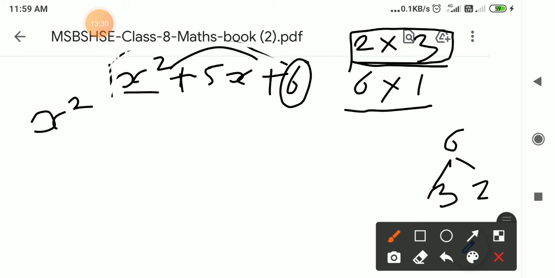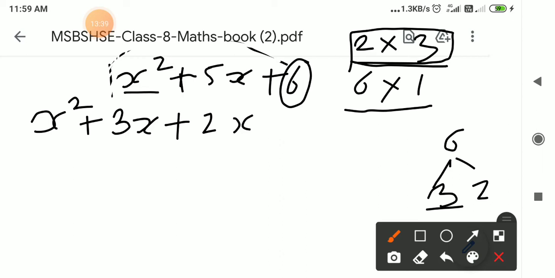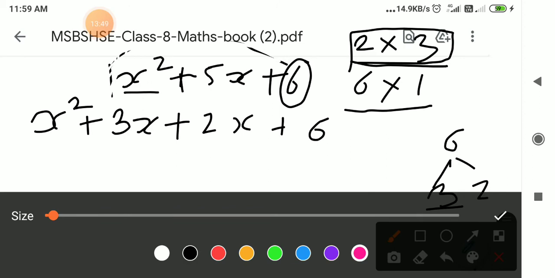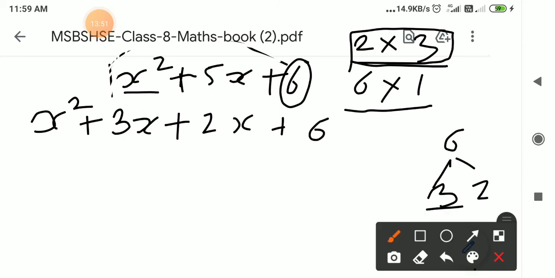Now instead of writing 5x, we have to write plus 3x and plus 2x, and this 6 we have to write here as it is. Here what I did: first I found the factors of this 6 for this x term. Always we have to do the same things only.